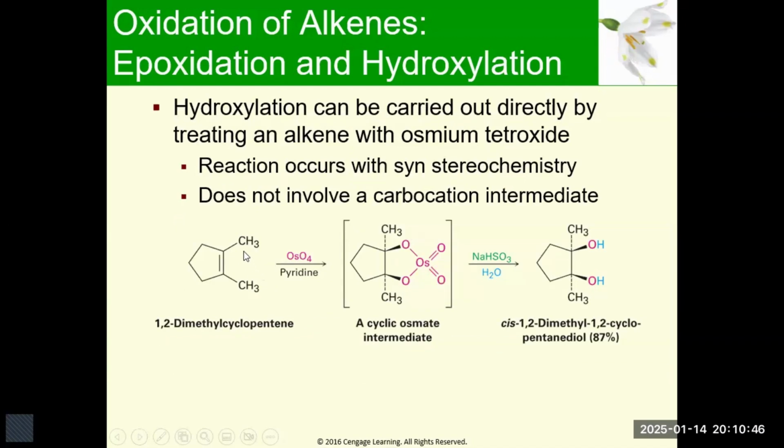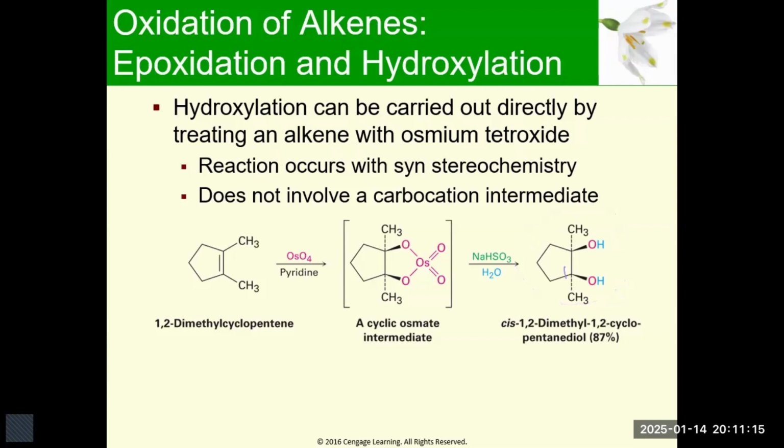Hydroxylation can be carried out directly by treating an alkene with osmium tetroxide. That's this structure here. You can treat an alkene with that, and in these two steps it's going to give you this syn addition diol.